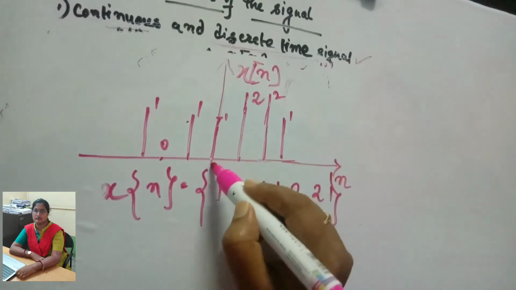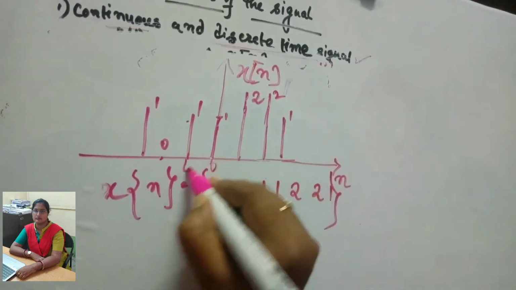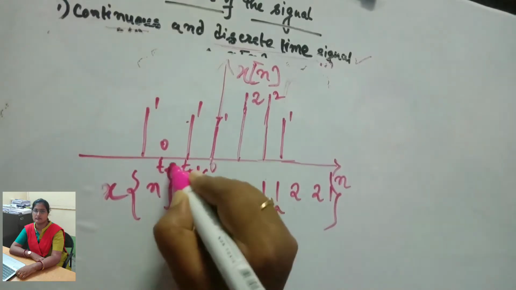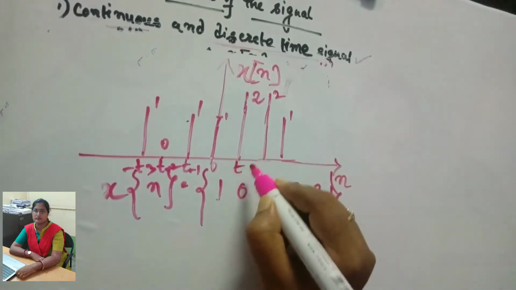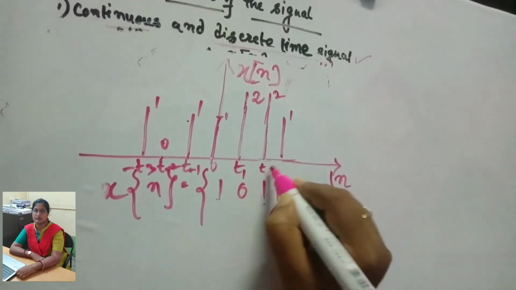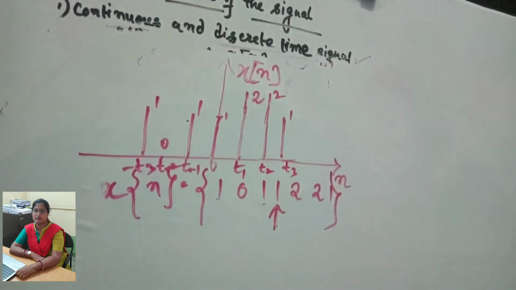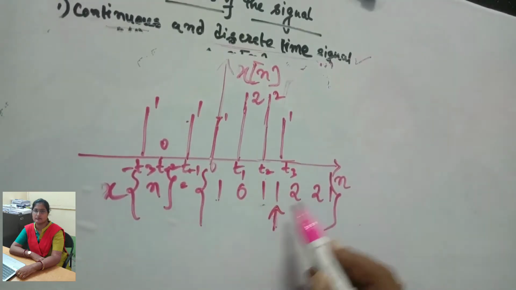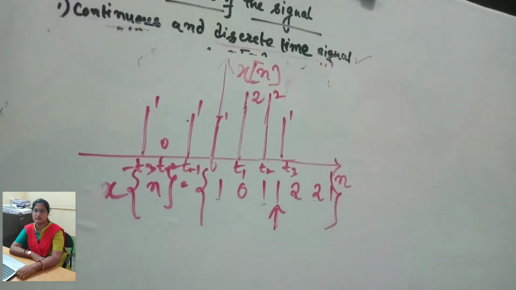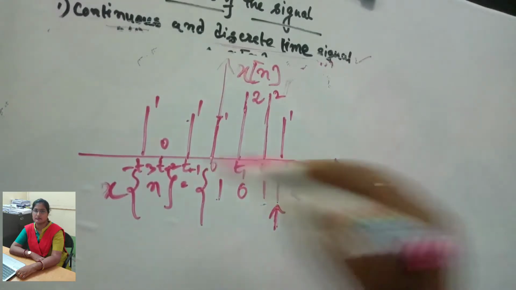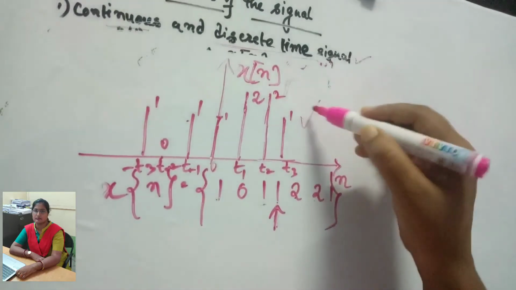So it is 0, minus 1, minus 2, minus 3. Similarly, on the right it is for t1, t2, t3. So now the information is complete, and from this equation you can easily plot this signal.